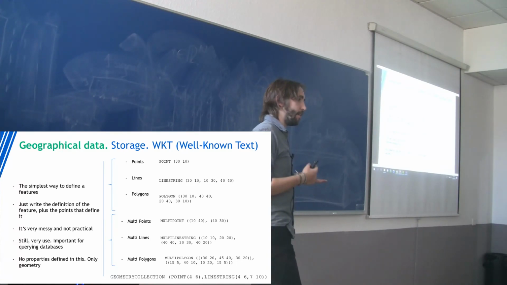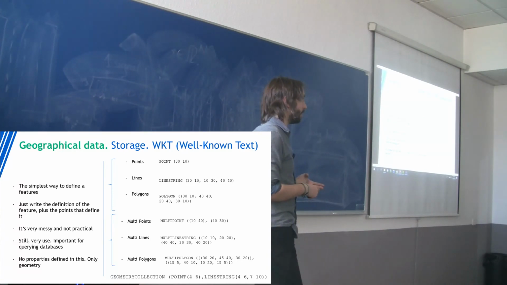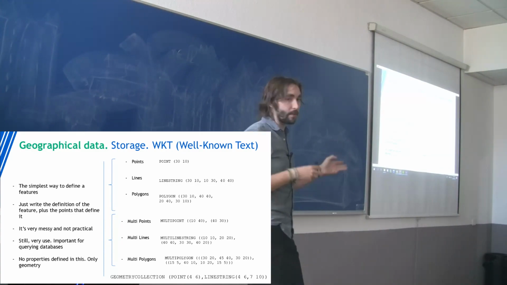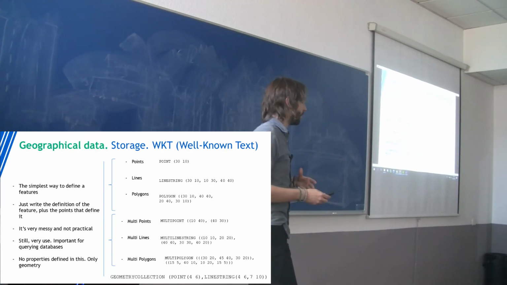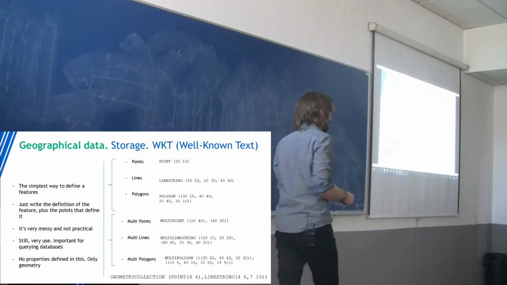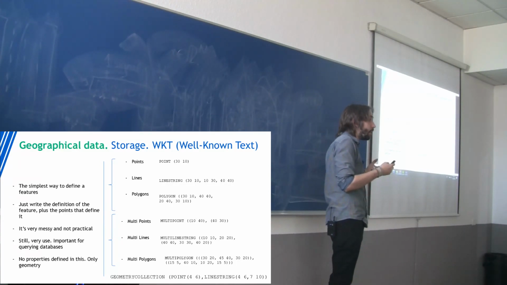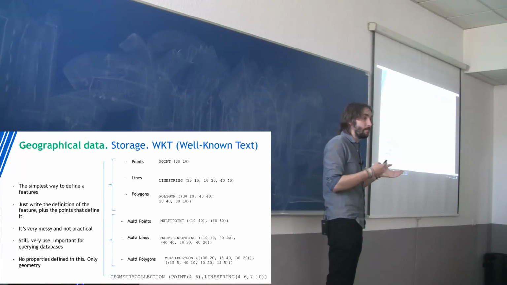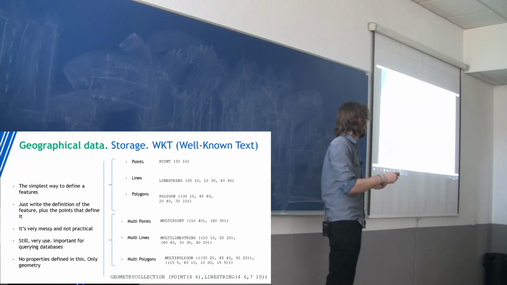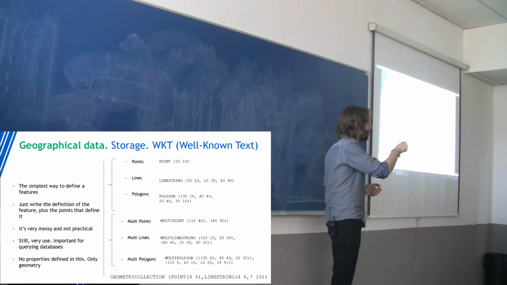Now that we know that we have points, lines, and polygons, how do we input this in the computer? So we are going to take a look at 3 different ways. The first one is the WKT, well-known text. And this is a string of characters to define the primitive vectors. If we want to define a point, we just write point, latitude, longitude.